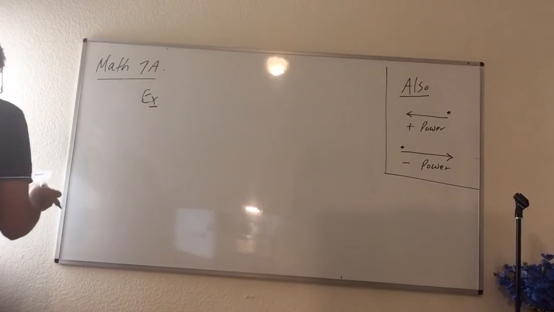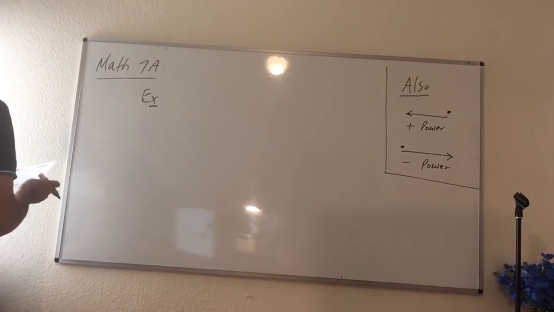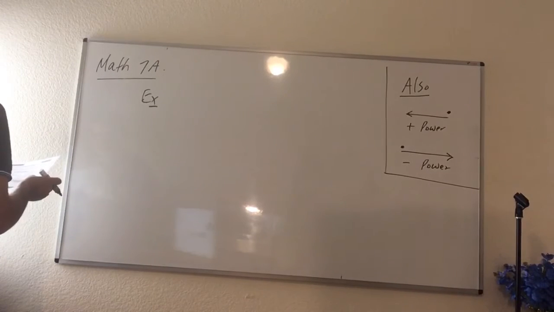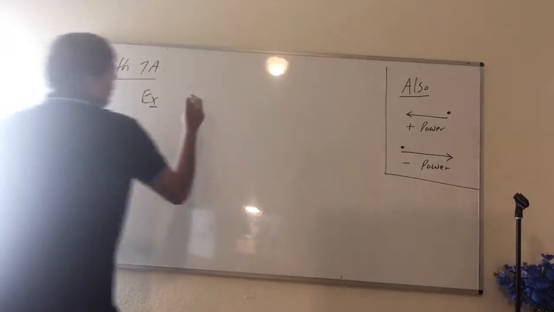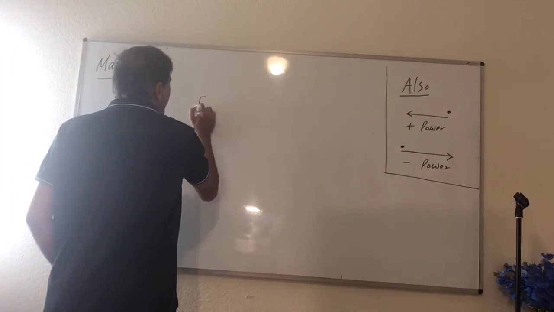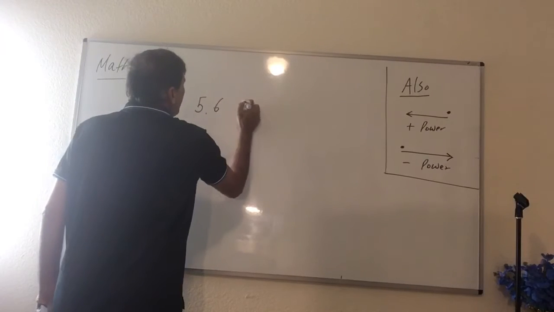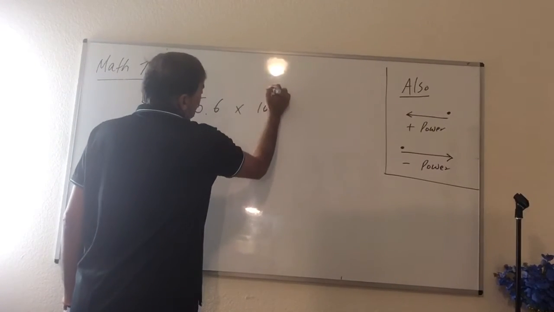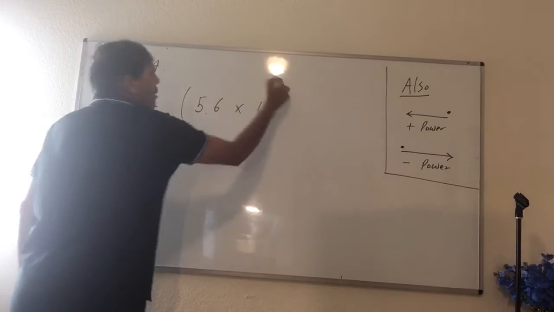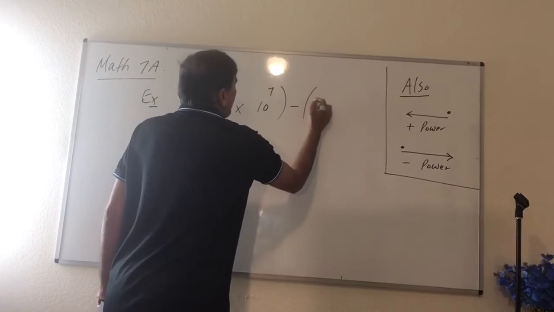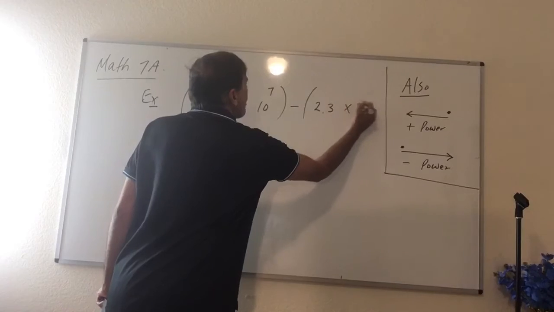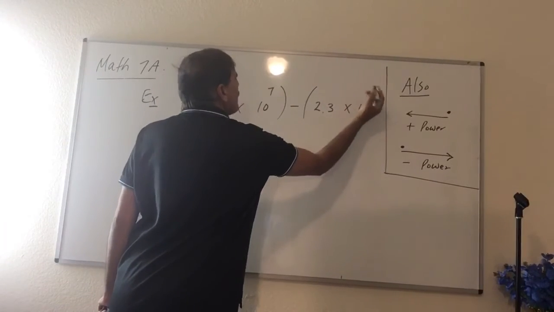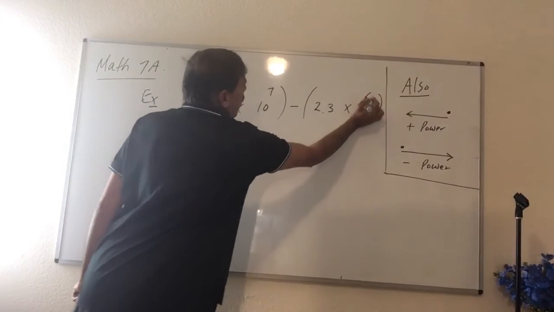So here is one more on subtraction. We can make any problem. Let's say we have 5.6 times 10 to the power 7 minus 2.3 times 10 to the power 6. Let's just do 1.